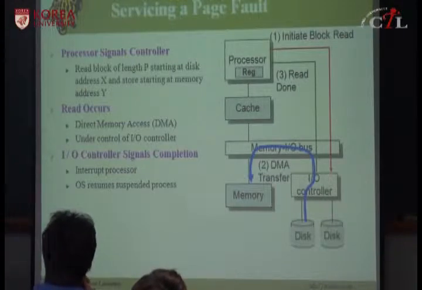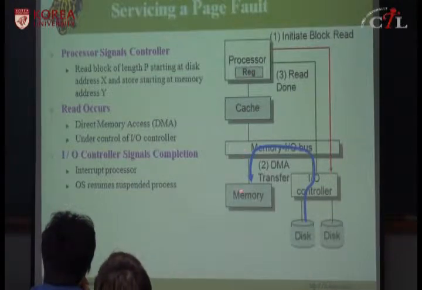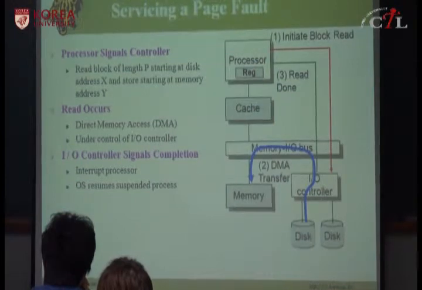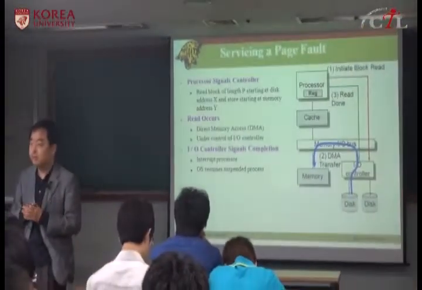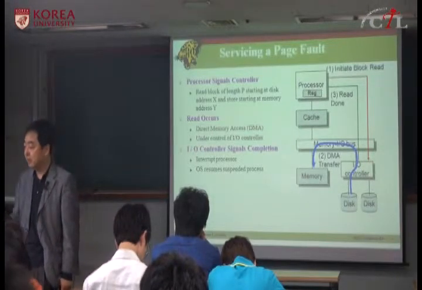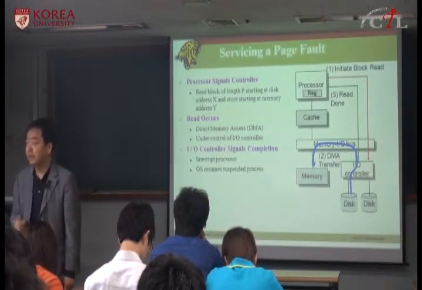Okay? Without DMA, every byte has to be moved into a CPU register and copied into main memory, which occupies important CPU cycles. It's a waste of CPU cycles. It's a slow operation. So the processor can ask the I/O device to do the DMA. Okay?